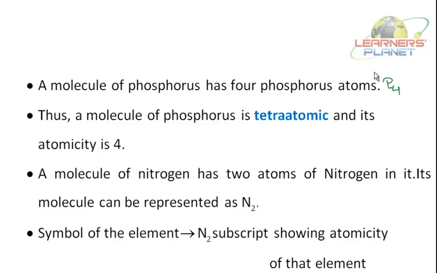Phosphorus is tetraatomic, that is 4 atoms of phosphorus are there in one molecule. Helium, neon, argon, they are monoatomic, that is one atom is there in it. It's a single atom. It's stable, so it is represented by He, and it's called monoatomic. Okay?